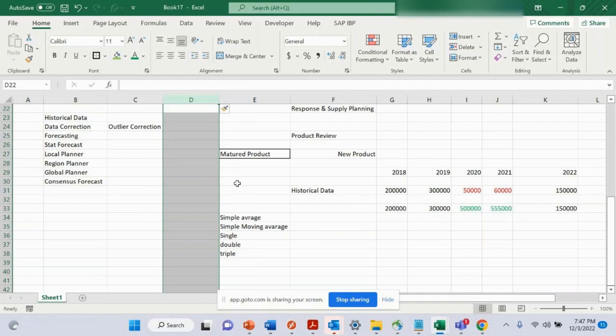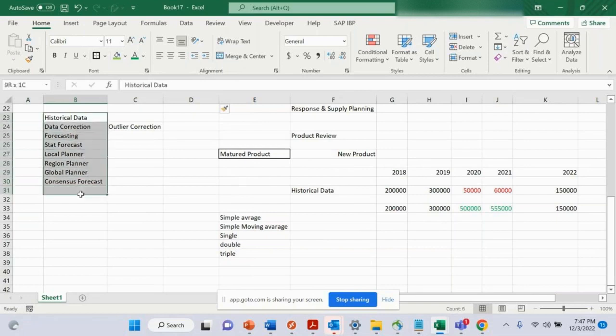Right now I am explaining what the demand process is, how we arrive at the final consensus forecast. The snapshot, the copy operator, all these things will come into the picture when we are doing the planning. So this is a very high level view of how our demand planning process works. Clear, right?